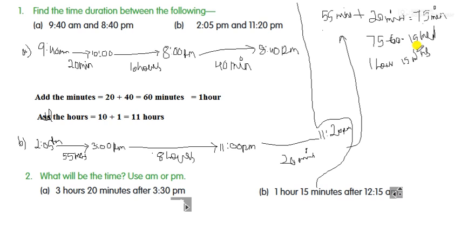Now add the hours. Here 8 hours plus this 1 hour, 8 plus 1 equals 9 hours 15 minutes.